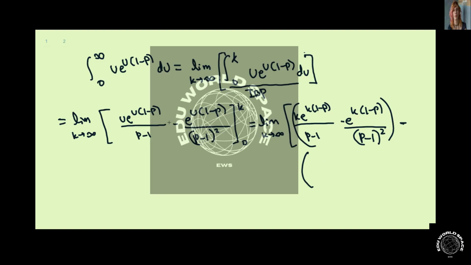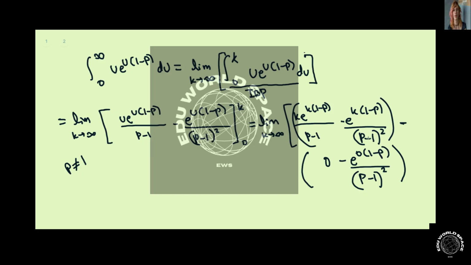The first term just becomes 0. So clearly we can see that we should not be taking, so far we are considering p not equal to 1, otherwise these denominators wouldn't make any sense.